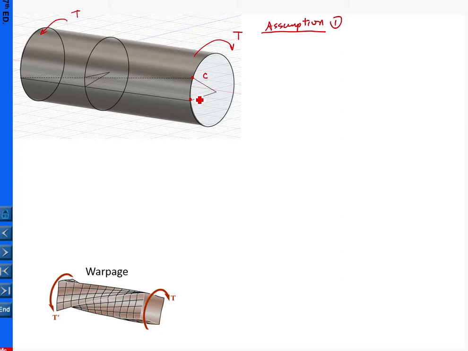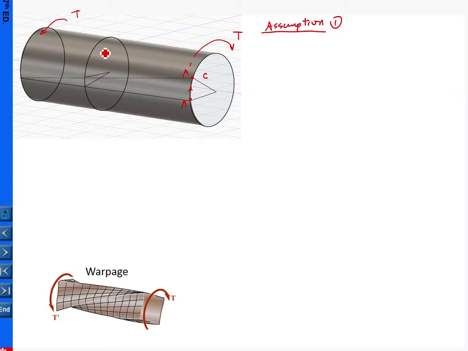This is saying, for example, if this point was originally located here in the undeformed configuration, then due to the application of the torsion, this point will follow the path of the same radius and move to here. So moving from A to A prime.